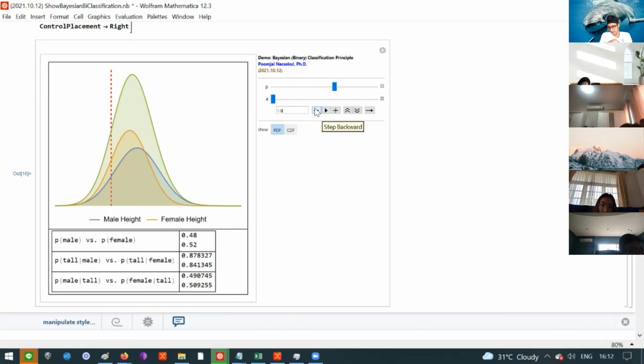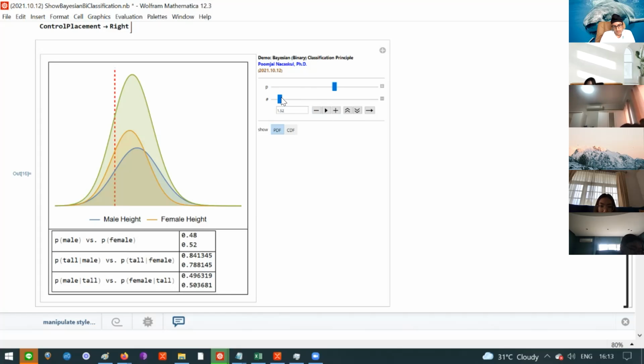Let's stop here. It's only when you get to this point that probability above this line is more likely to be female. You know why that is?